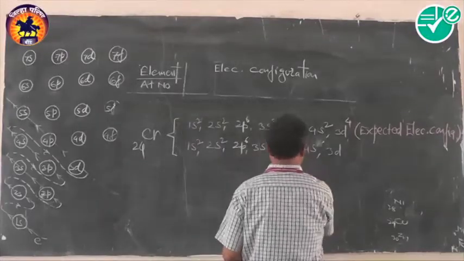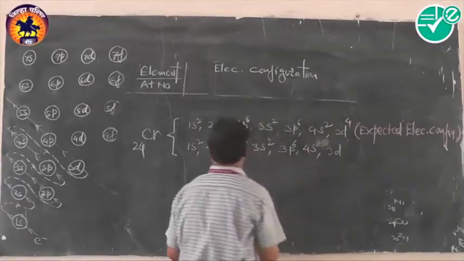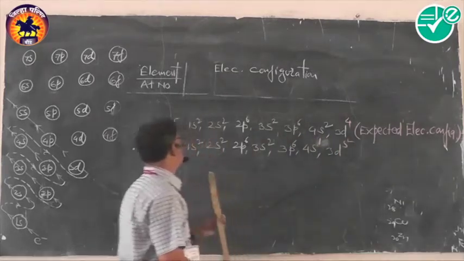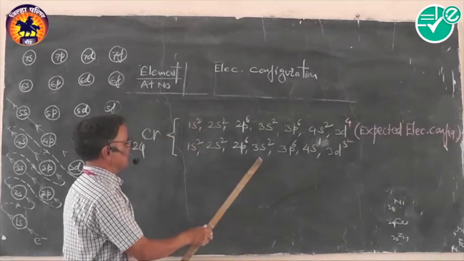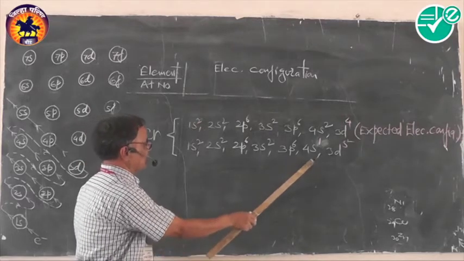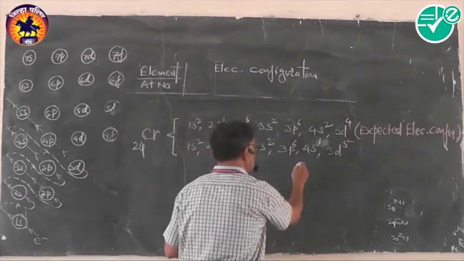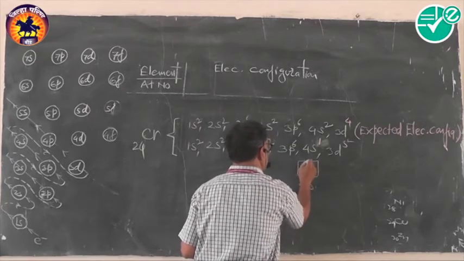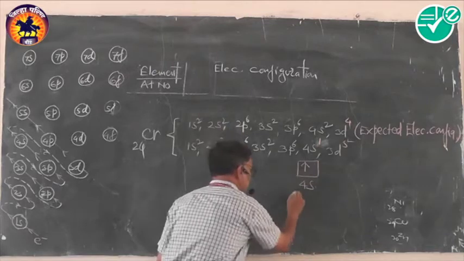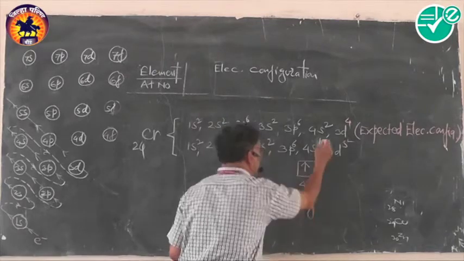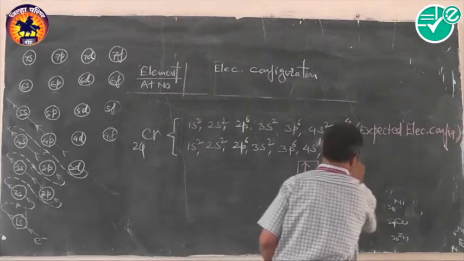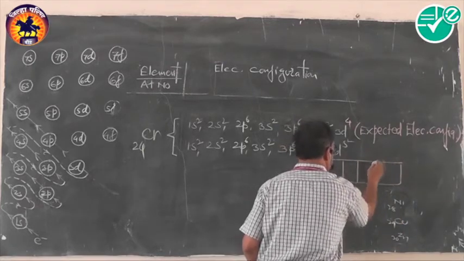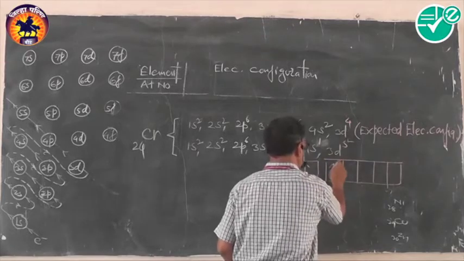Chromium nucleus. The electronic configuration of chromium is 1s2, 2s2, 2p6, 3s2, 3p6, 4s1 and 3d5. So this 4s1 subshell now becomes half filled, and the last subshell, that is 3d, becomes again half filled with 5 electrons.